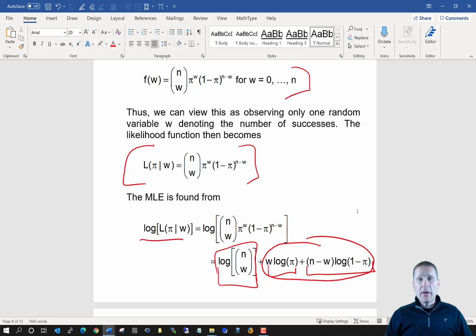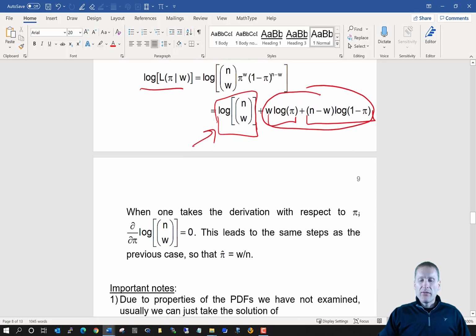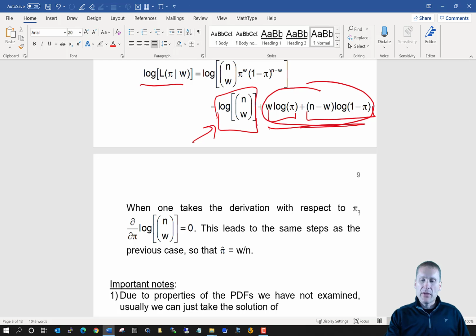But when I take my derivative with respect to pi, that part disappears because pi is not in it. The derivative of the log of n choose w is 0. So what I'm left with is exactly what we had before. Set the corresponding derivative equal to 0, solve for pi, and of course you get w divided by n as the maximum likelihood estimate.